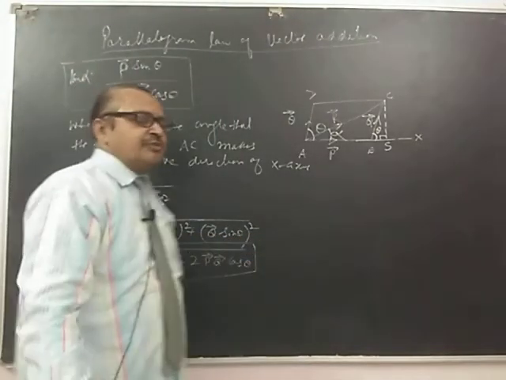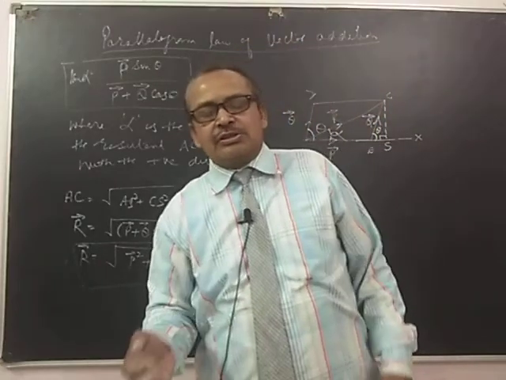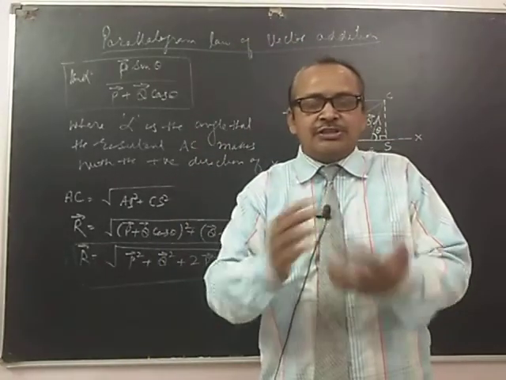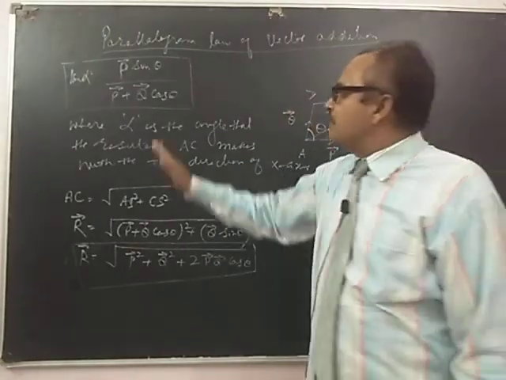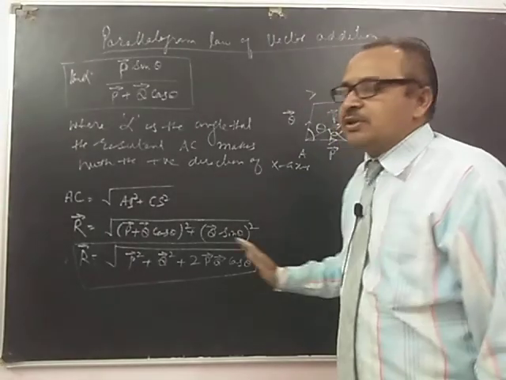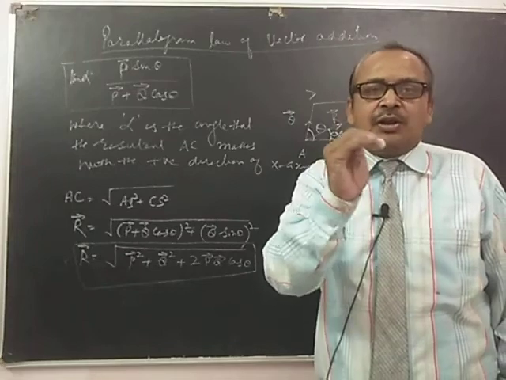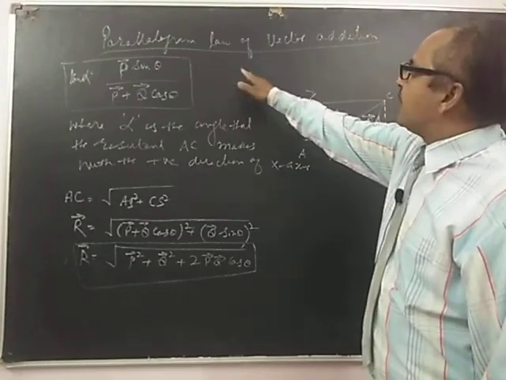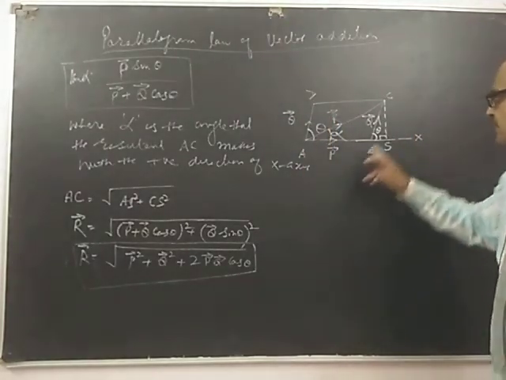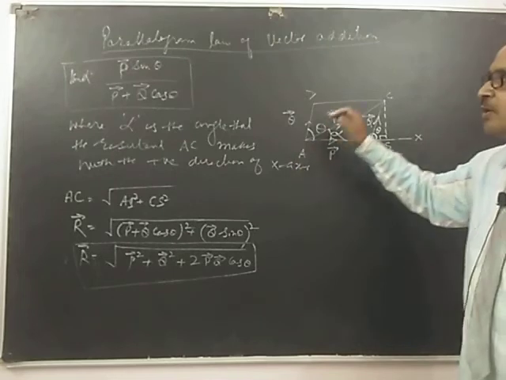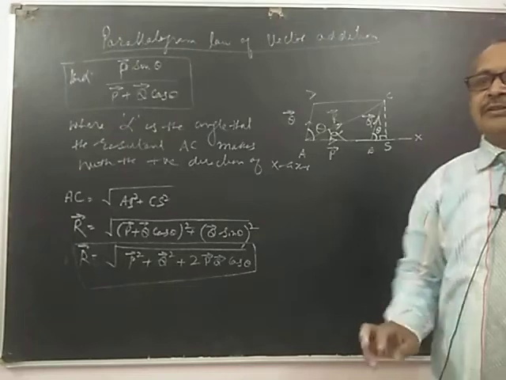So this is something which we have to just understand, my dear friends, and because these two are almost interrelated, there will be no doubt whatsoever in solving the numericals. The main law is the triangle law of vector addition, because the parallelogram law of vector addition also utilizes the same concept of the triangle law. It is the extended part of the triangle law of vector addition.